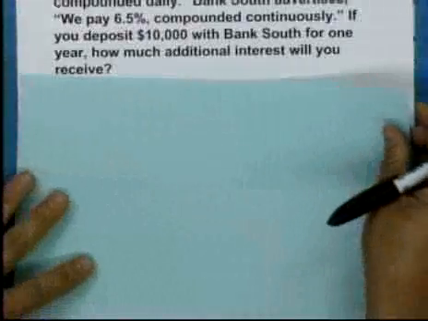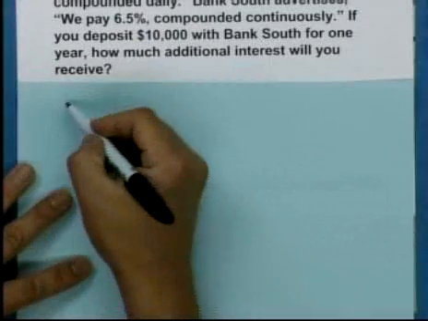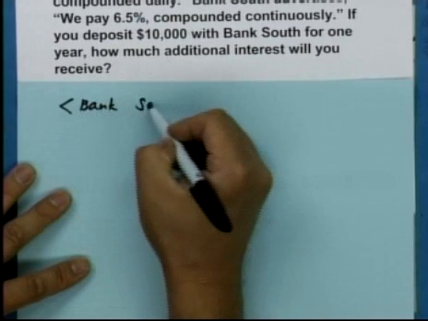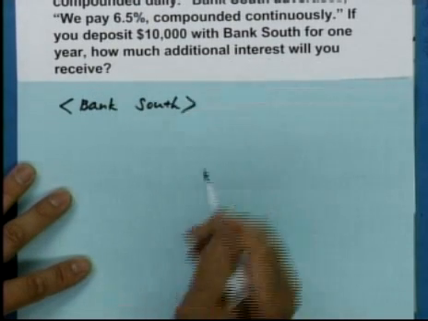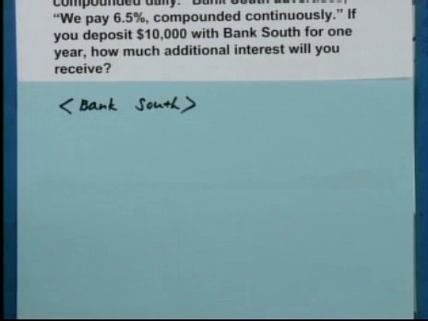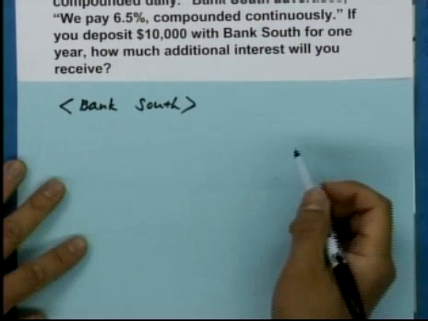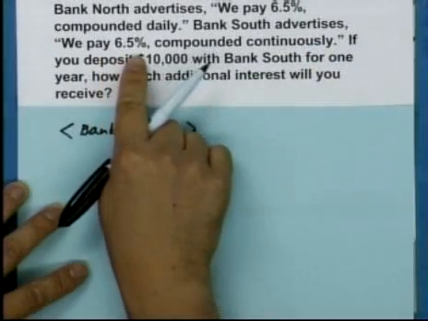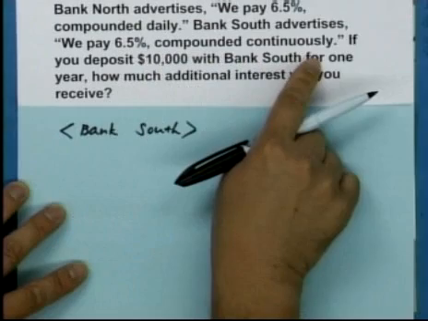And what about Bank South? Bank South advertises they pay 6.5% compounded continuously.